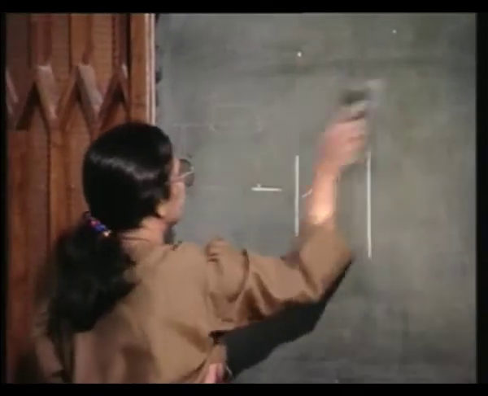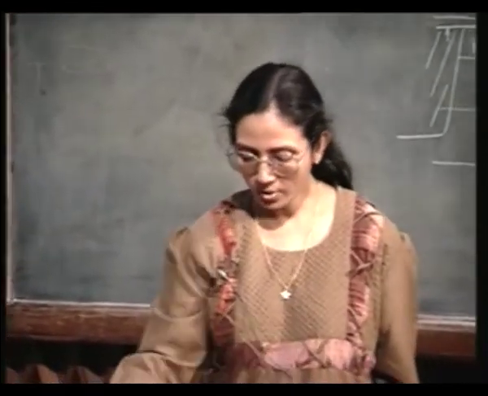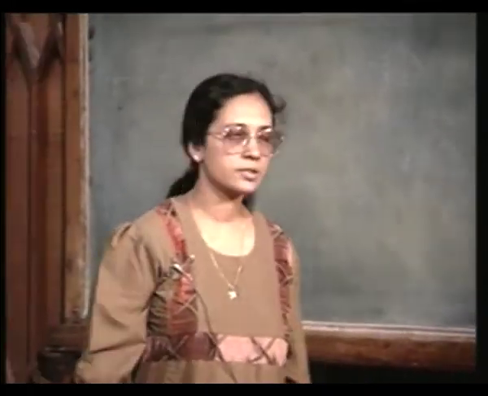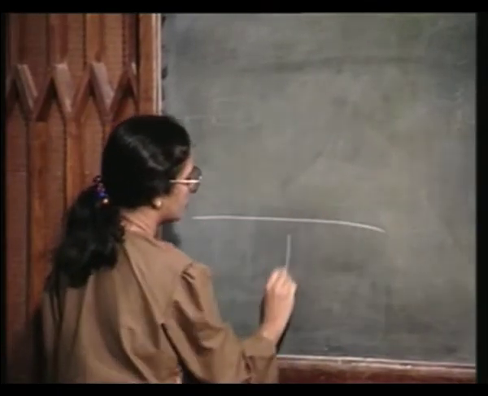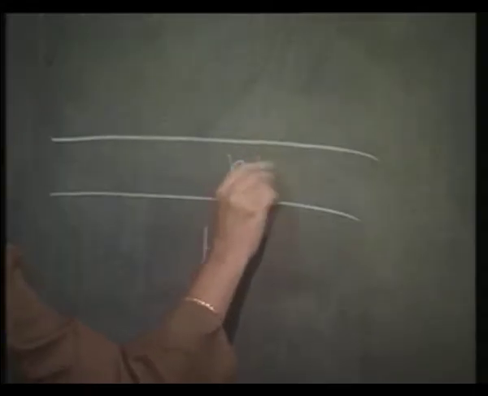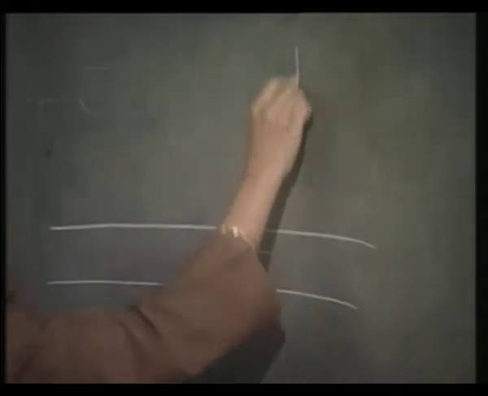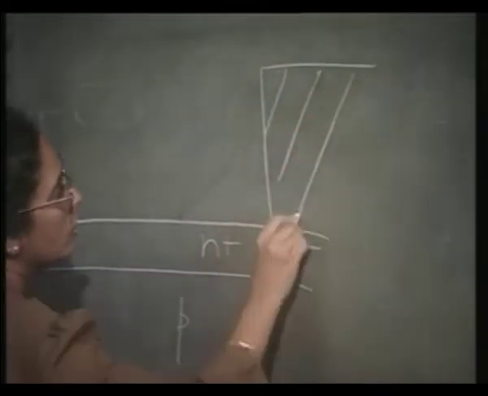So, let me try to outline the steps in this ECL transistor. You remember, in a conventional transistor, we started out with a p type substrate, we had an N plus buried layer, and then we had an N epitaxial layer.